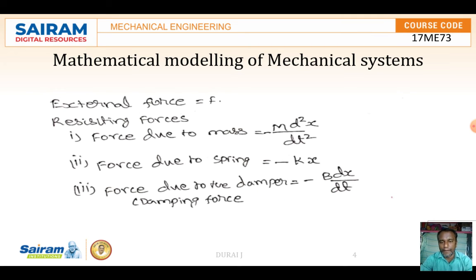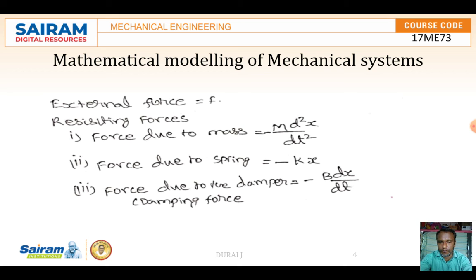Likewise, if you apply Newton's second law, every force acting on the body has an equal and opposite force in the particular direction, so F is equal to m d square x by dt square plus kx plus b dx by dt.